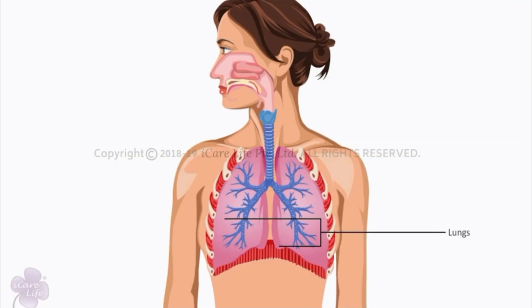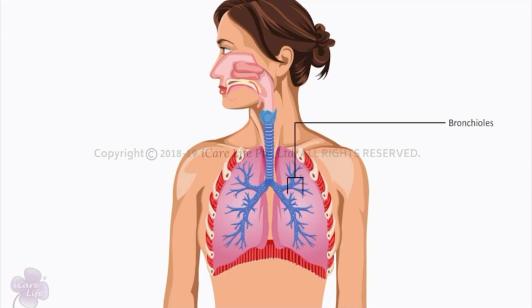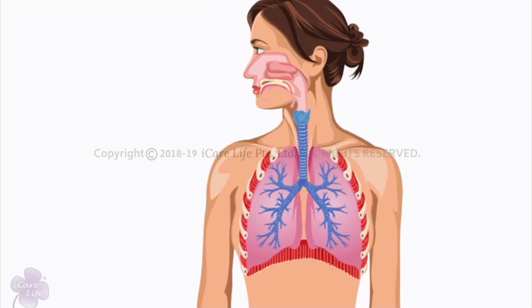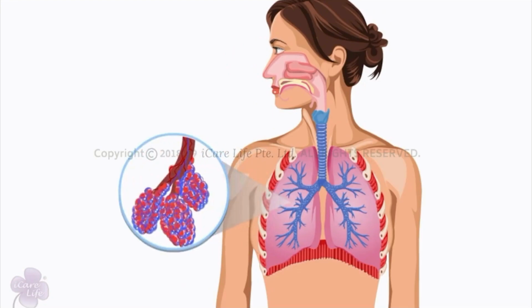Lungs are a pair of large organs made of elastic tissue. Inside the lungs, the bronchi are further divided into many branches with thinner walls known as bronchioles. At the end of each bronchiole, there are small air chambers known as alveoli.